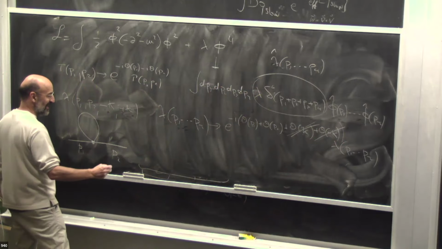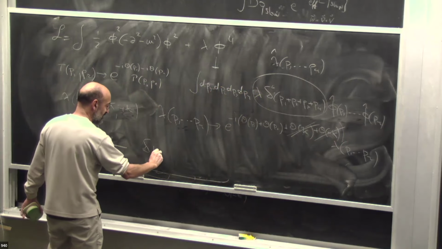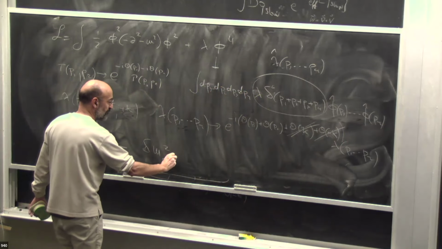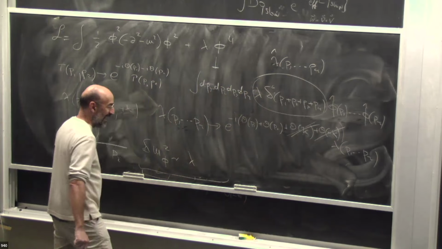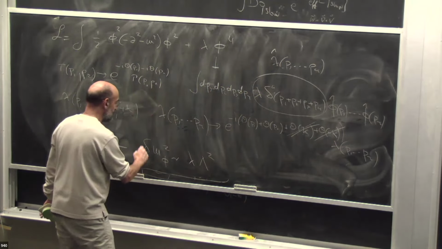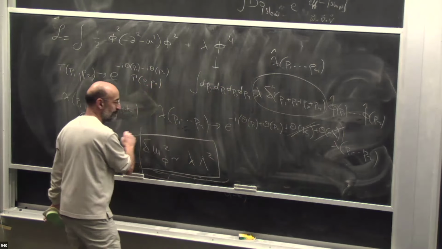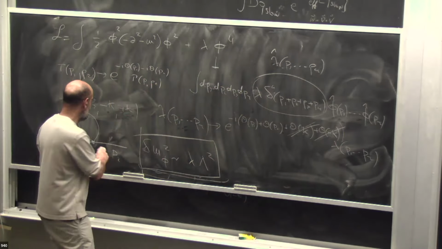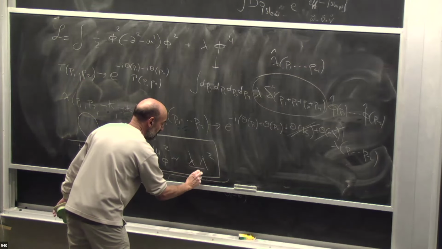And what is the correction to the mass? Well, the correction to the mass of the scalar is therefore proportional to the coupling because of this symmetry, okay? And the scale, okay? And of course, this is a loop, so there's a 16 pi squared.